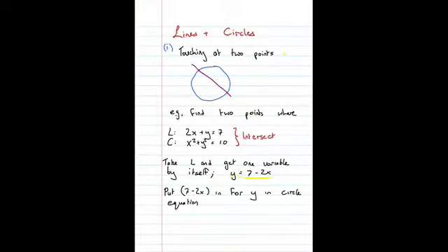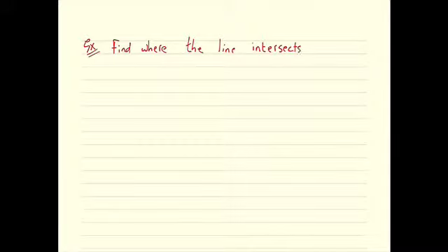Right. So what you do is you need the equation of a line. So let me do an example. Will you write this down? I'll find where the line intersects the circle.